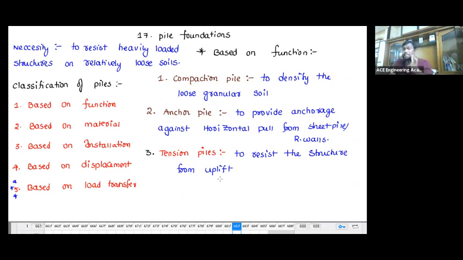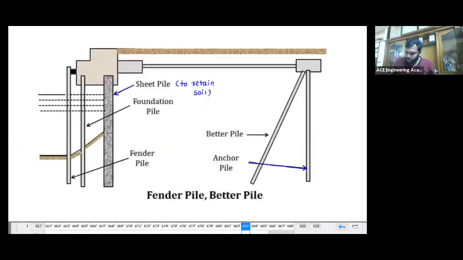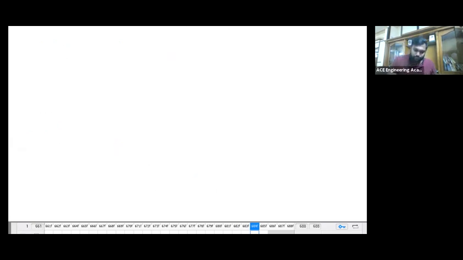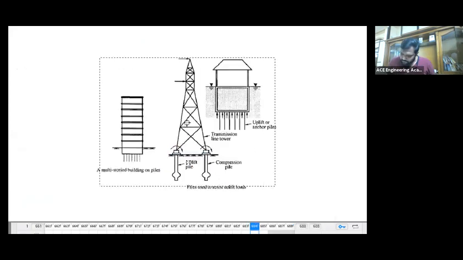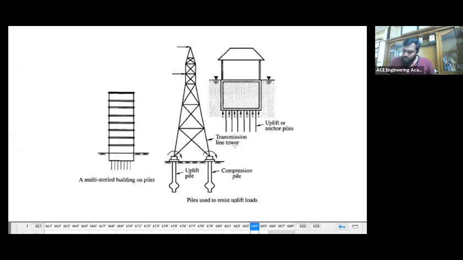You see, in the case of the transmission towers, now let me show you that. You observe here. So what is going to happen?